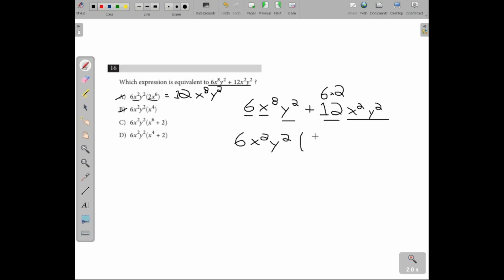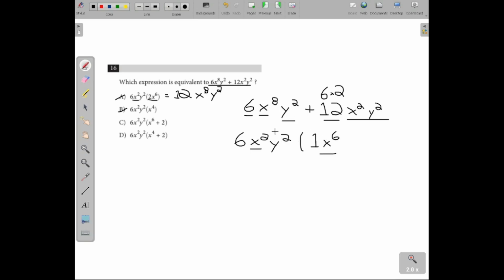And now we do multiplication. So we see what we have in common here. We have 1, so it's the same 6. 6 times 1 will give us this 6 times x. We subtract 8 and 2, which is 6. So that when we multiply, we just add the exponents. 6 plus 2 will be 8.